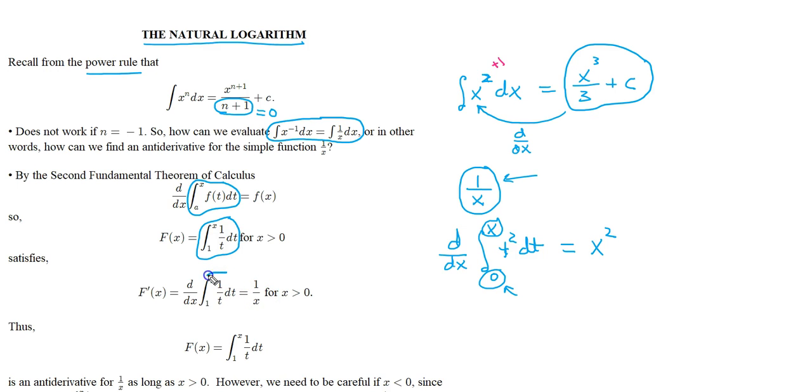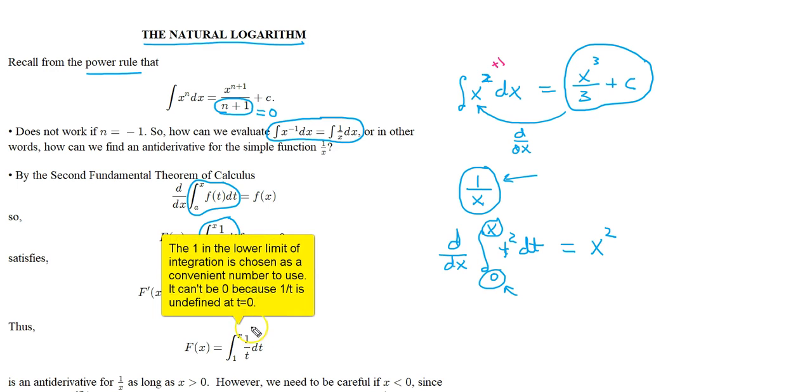So in other words, this function right here, the definite integral from 1 to x of 1 over t dt, that is an antiderivative for 1 over x. So just take note here, this function F of x equals the definite integral from 1 to x of 1 over t dt has the property that capital F prime is 1 over x.